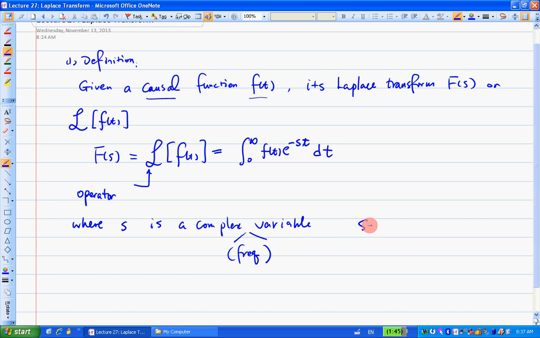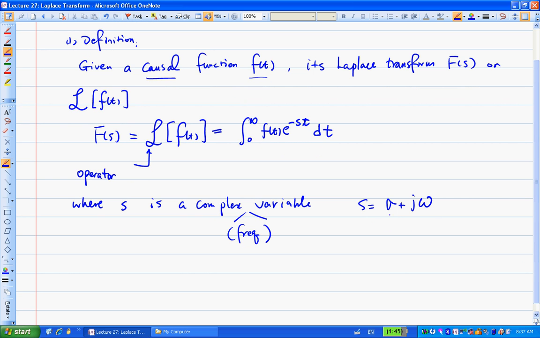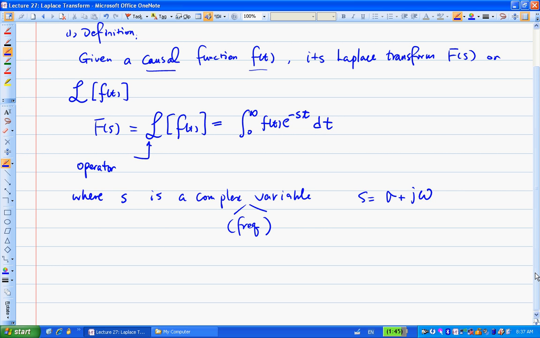So s is complex, and we write s equal to sigma plus j omega. Sigma is the real part, and omega is the frequency that we were talking about. We'll have a better understanding of this later, but for now this is just a purely mathematical definition of a Laplace transform.